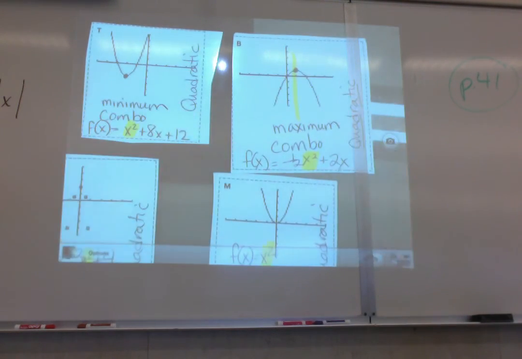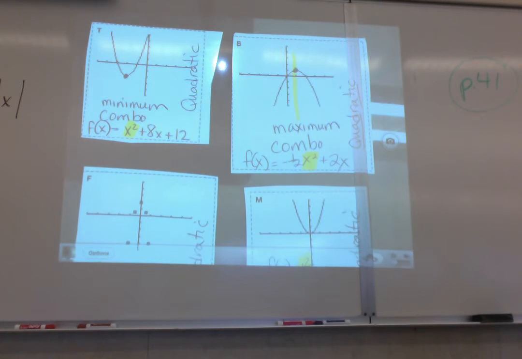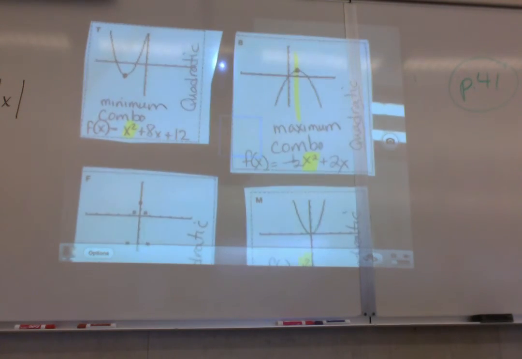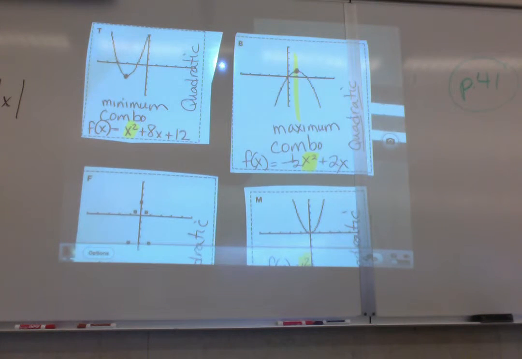T, B, F, and M are all in the function family called quadratic. They all have an x squared somewhere in their function, and that x squared gives it this nice smooth curve. The absolute value of x graphs were very similar, but they had straight lines.